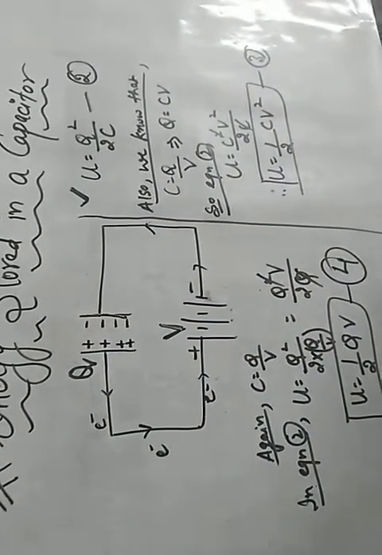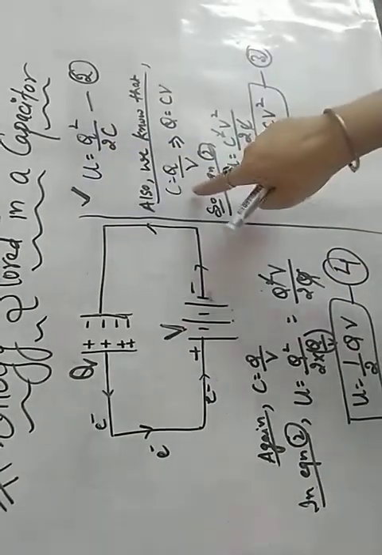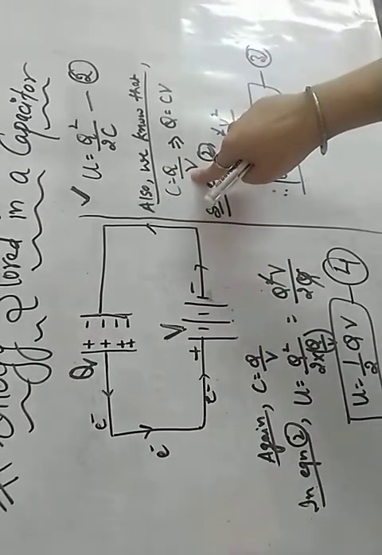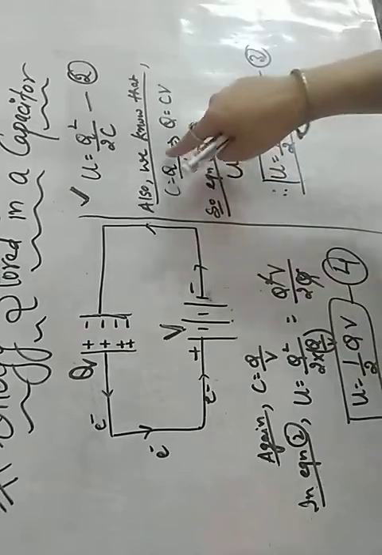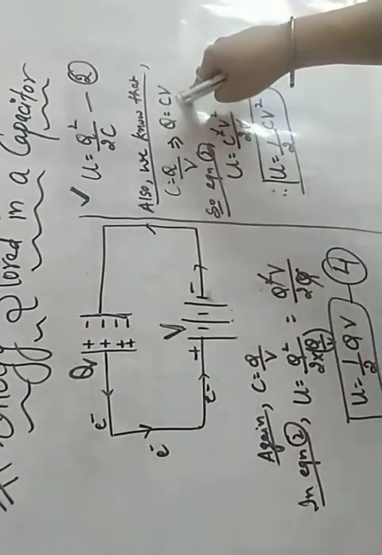But there are two more formulas for the potential energy. As we know, capacitance is equal to charge per unit voltage, so from here we can find the value of Q by rearranging the terms. Q will be equal to CV.